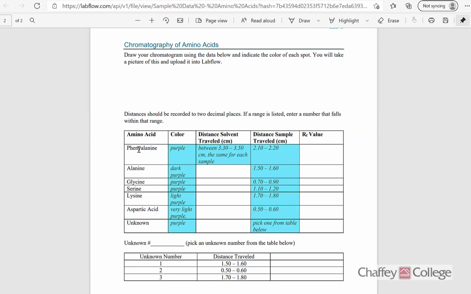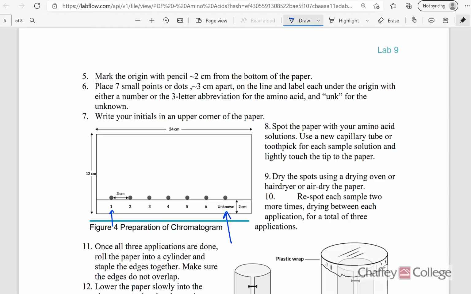For example, number 1 is phenylalanine, number 2 is alanine, number 3 is glycine, number 4 is serine, number 5 is lysine, number 6 is aspartic acid, and then we have an unknown amino acid. The key point here is that the unknown amino acid is one of these 6. We don't know which one, but it is one of these 6. So using TLC, we can find what this unknown amino acid is.